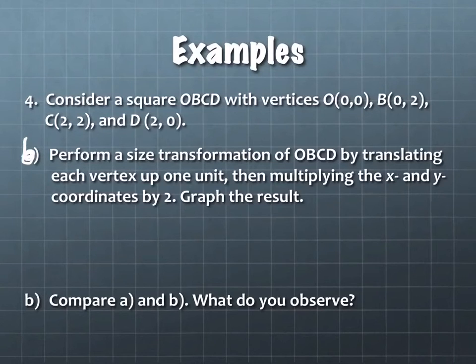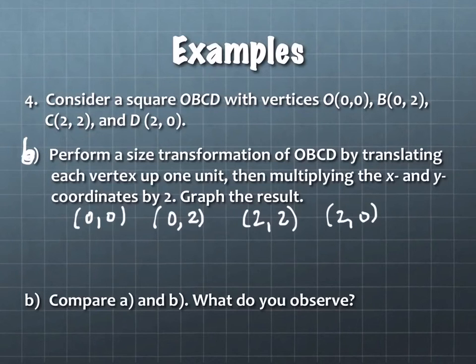So we're doing it in the reverse order, right? Okay, that's fine. We started out with those same 4 points, so I'm going to write them down again. I had (0, 0), (0, 2), (2, 2), and (2, 0).